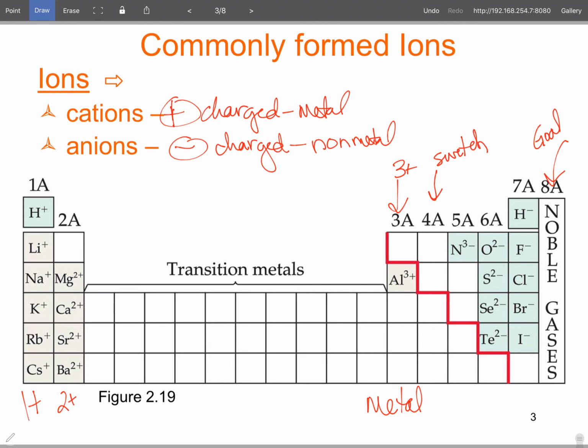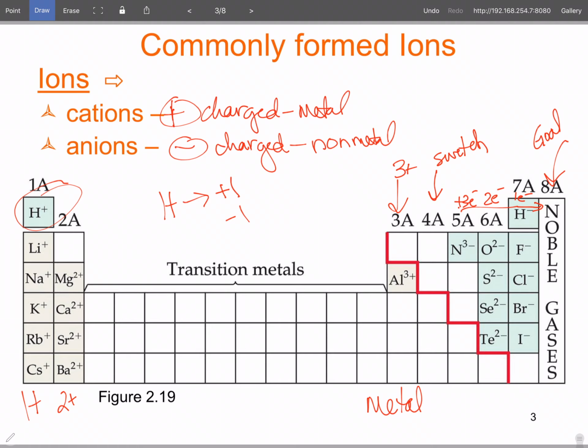And so nitrogen goes negative because it's trying to get to the noble gas by gaining 3 electrons. This one is going to gain 2 electrons, and this one's going to gain 1 electron. And if you'll notice, hydrogen appears as a +1 and a -1 because it acts both ways. A lot of periodic tables put it in the center because it tends to kind of do its own thing.